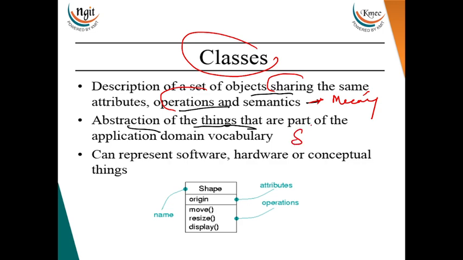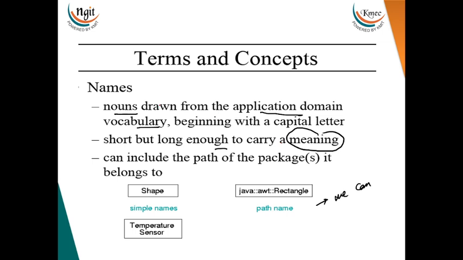Like if I say student, that is an archetype. If I know what you mean by the student class, I can tell what its operations are, and it's represented by this shape: name, attributes and operations. Correct? The names are nouns, drawn from the application domain with very good vocabularies.